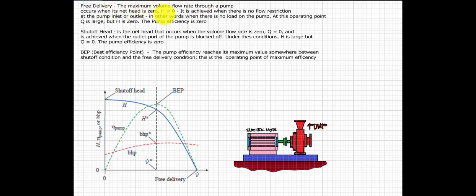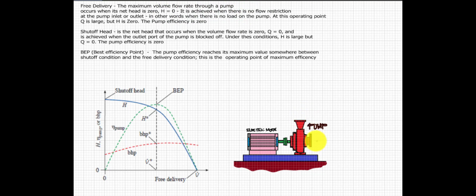When we say net head is zero, it means we don't have any restriction, so there is no pressure loss. It means the pump is not connected directly to the piping, because once you connect to piping, there will be a head loss. So, when we say H is zero, there is no restriction, no gate valve, no concentric reducer or piping whatsoever. It is achieved where there is no flow restriction.